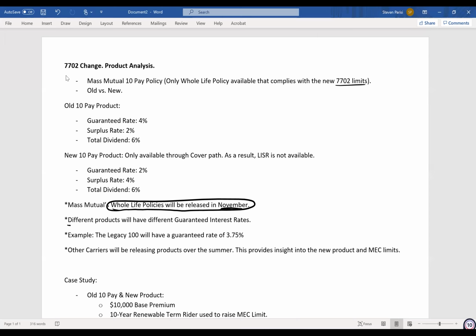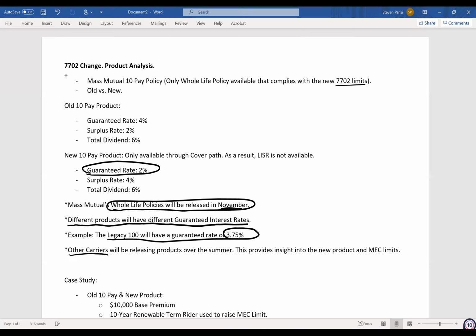Now, what I also want to add is different products will have different guaranteed interest rates. Companies have the option to choose a range to determine what the guaranteed rate will be for each product. For example, their 10-pay product has a guaranteed rate of 2%. Their Legacy 100 product will have a guaranteed rate of 3.75%.